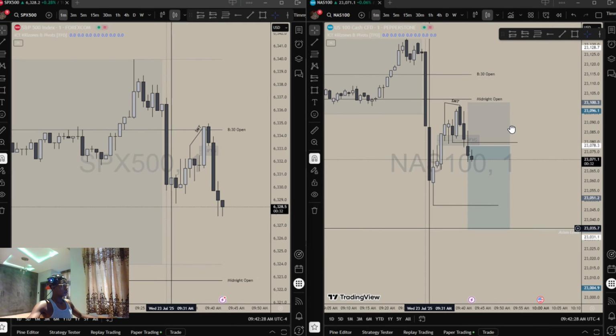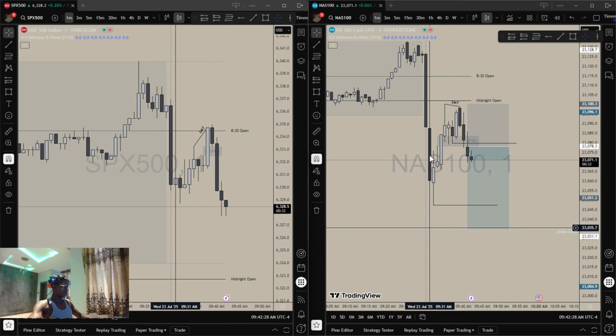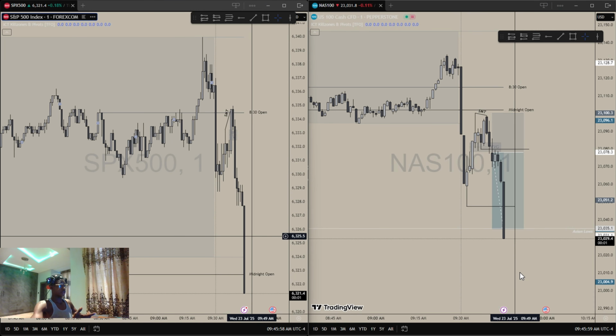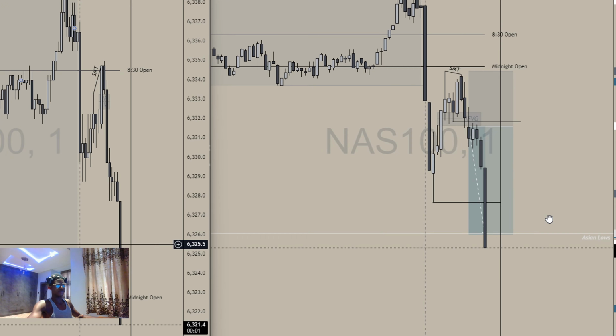And then price ended up hitting TP. As you can see, price ended up hitting my first TP and my second TP. At this point, I was like, it's fine by me. At least I wasn't just trading with emotions. I wasn't just saying, oh, if I lose this trade, if I win, it's a 50-50. I'm not looking for 50-50 trades.